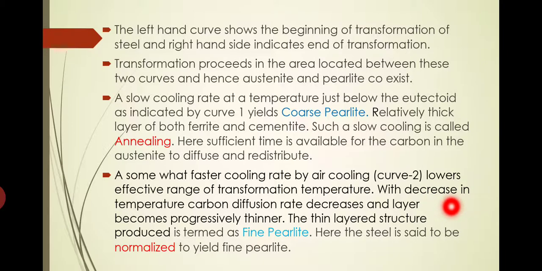Instead of getting thick layers, we will have thinner layers of cementite and ferrite. That thin layered structure produced is termed fine pearlite. So instead of coarse pearlite, we will get the structure of fine pearlite. Here the steel is said to be normalized to yield fine pearlite.